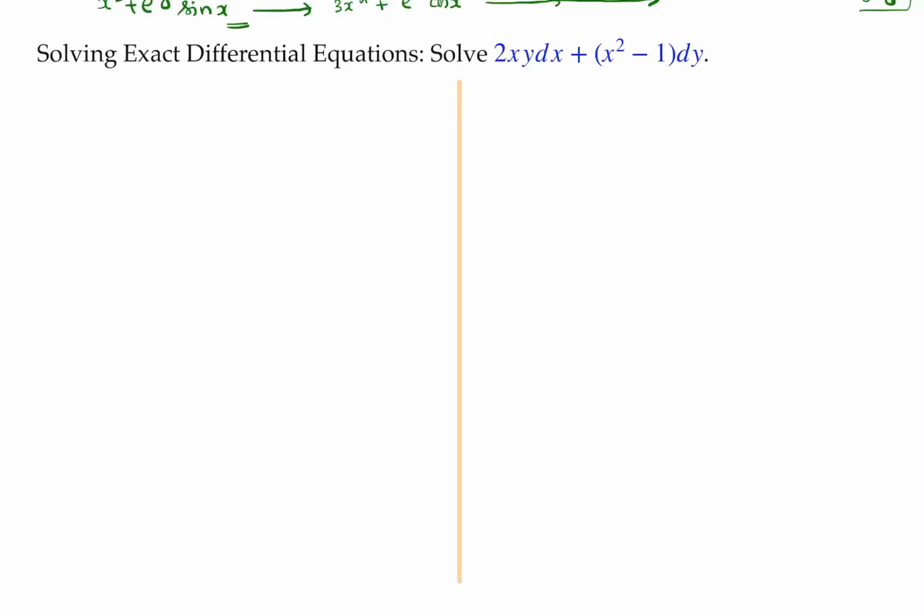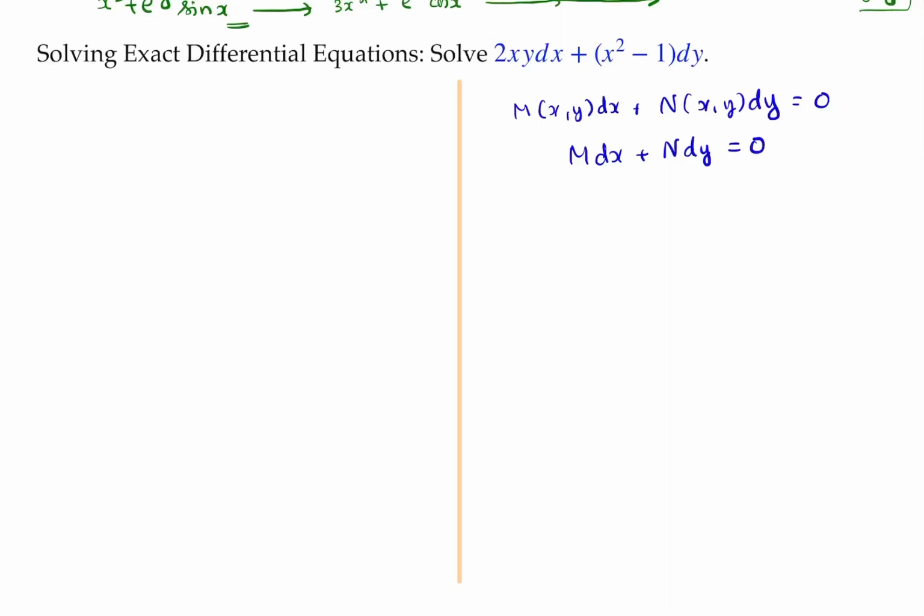Now, generally, the equation that you're going to have is M of x comma y dx plus N of x comma y dy equals 0. That's all you have. For simplification, I'm going to say this is M dx plus N dy equal to 0.